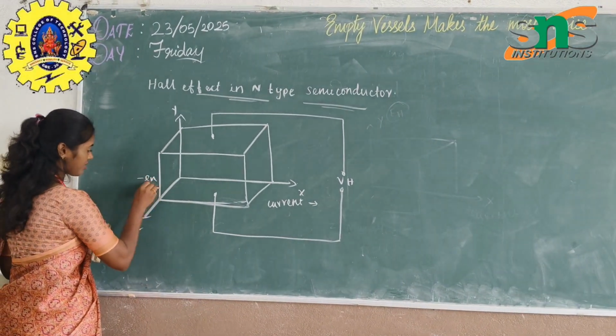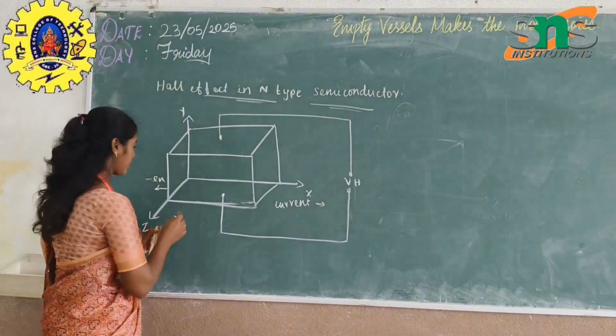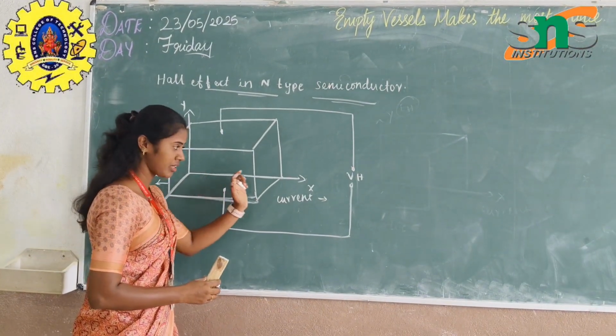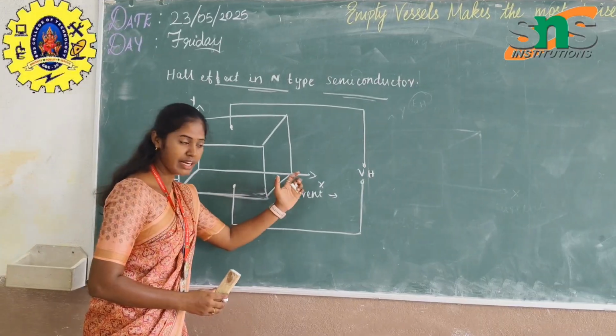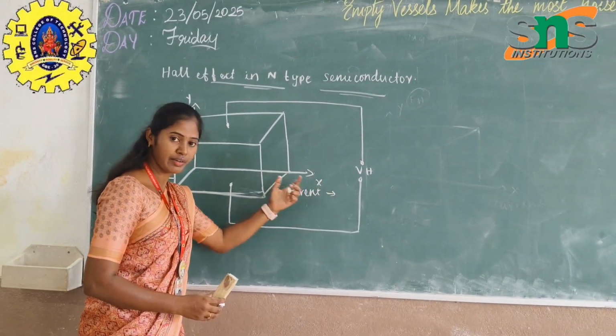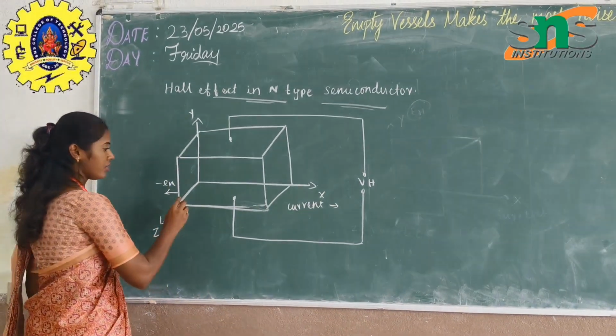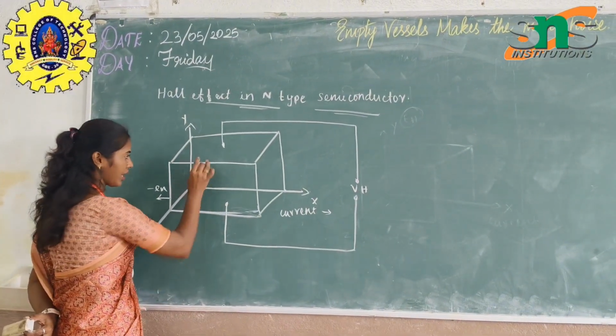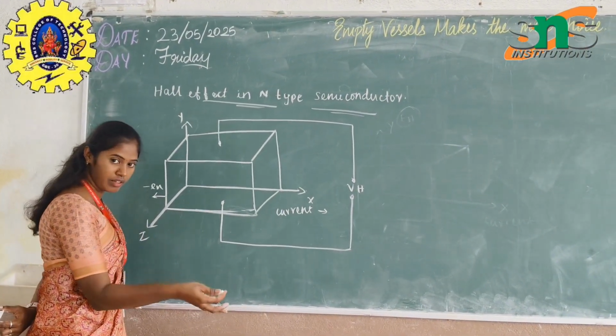So current is passed through the conducting element.